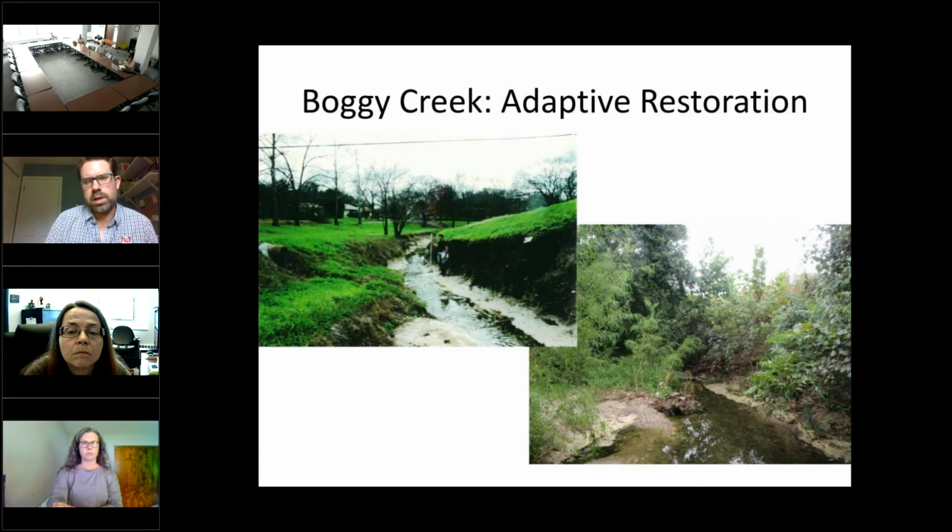And then finally, we did some native plug planting, some bare root planting, and some seeding. And this is a photo a couple years ago just showing that plants did get established. Willows came in. The erosion was a lot less, and this stream was starting to stabilize. So sometimes you've got to be adaptive, allow the stream to do its thing, and see where it goes.